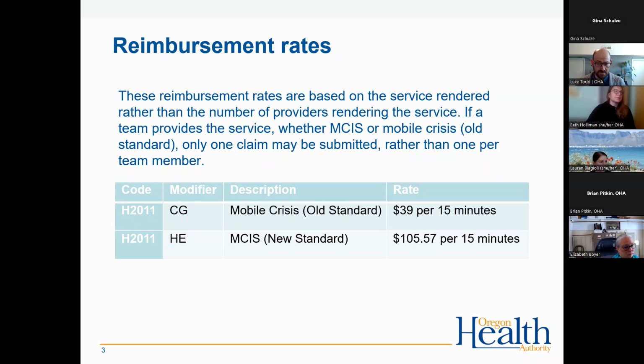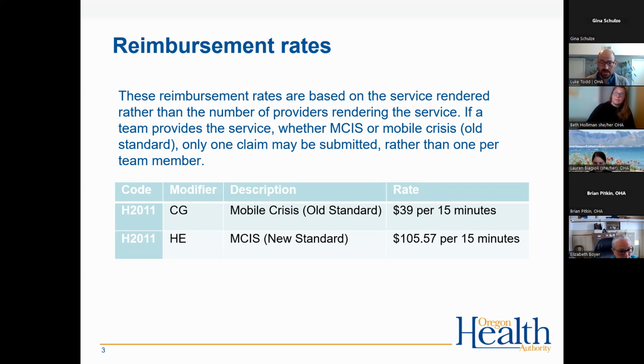Now, here's one difference from the last time you may have seen a draft of the billing guidance. In prior versions, when we talked about billing for old mobile crisis, we were talking about just billing with H2011 and no additional modifier. We decided it was important to differentiate mobile crisis services from general crisis intervention services where H2011 might be used. That's why we've added in the CG modifier. It's not a pricing modifier because the rate is the same as if you bill H2011 without CG.